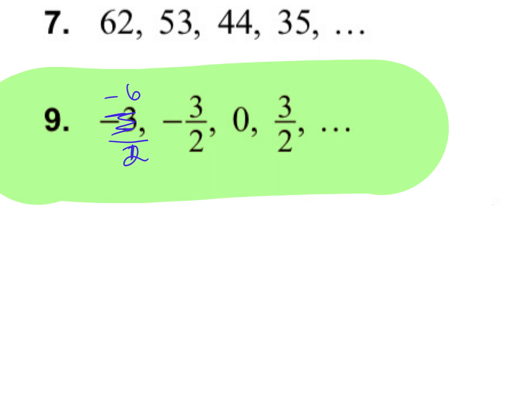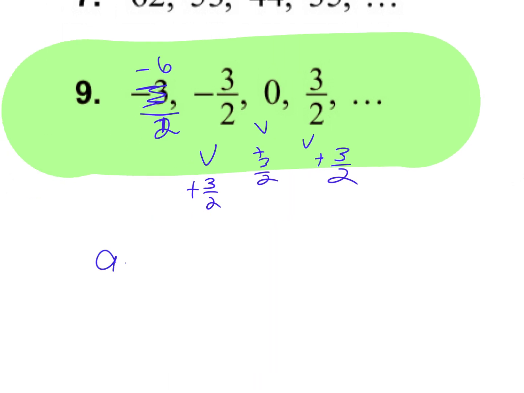What are we doing each time? Plus 3 over 2 each time. Perfect. So again, our two things we need are the first term and your common difference. So my first term was negative what? Negative 3. You could do negative 6 over 2 if you wanted, but I'm just going to leave the whole number.